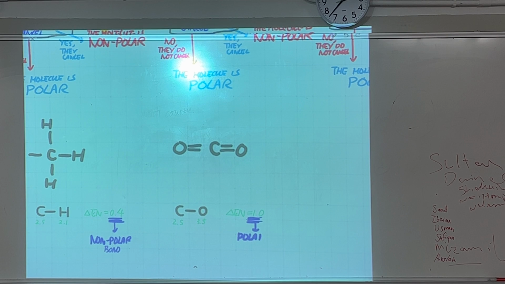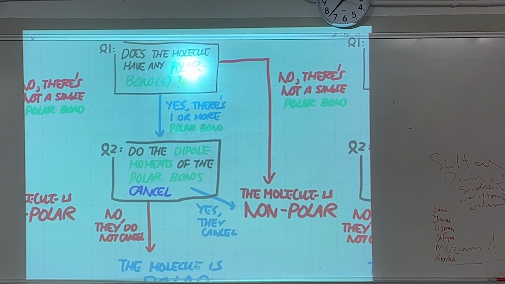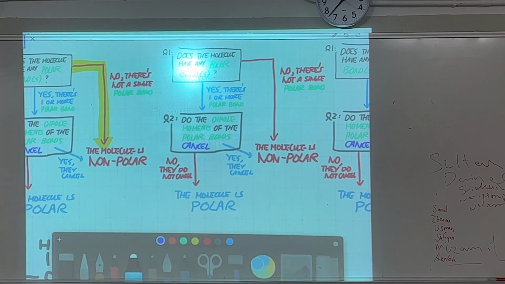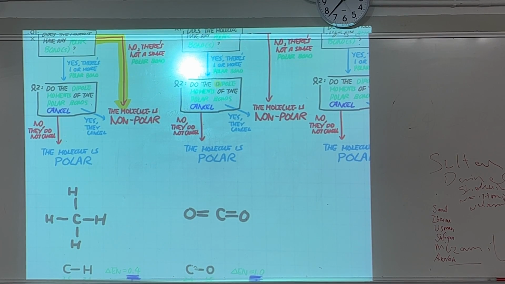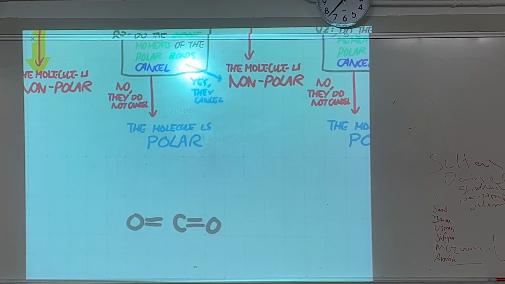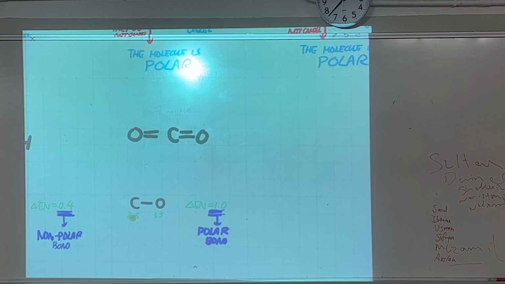You need to check the logic here. So if it has a polar bond, what would you have answered to the first question? Yes. So therefore we are here. And the second question, do the dipole moments cancel each other out? Let's find out. How do we draw the dipole moment if C has a lower electronegativity than O?